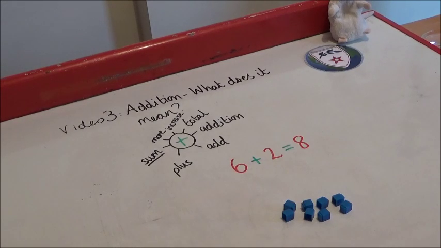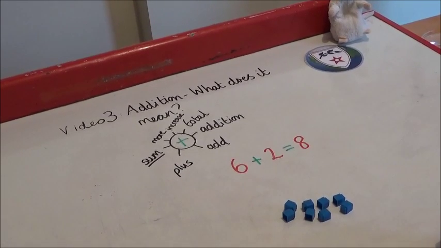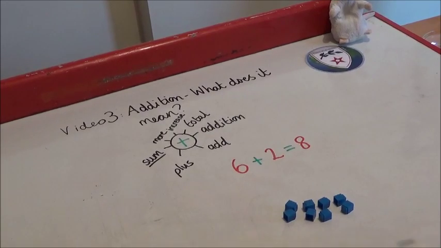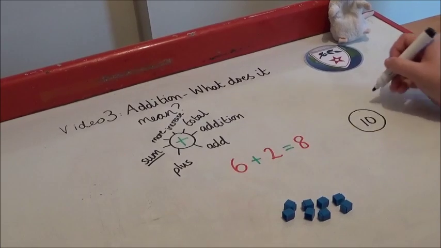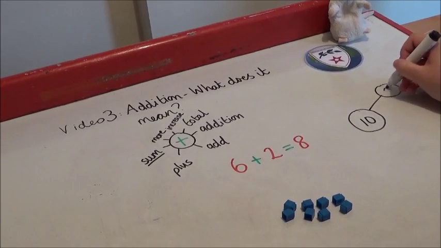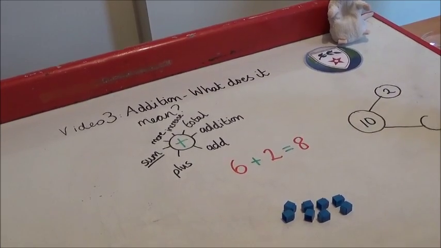What is important that we need to know when we're doing addition? It's going to make you more fluent and more effective when you're doing addition if you understand some addition facts. In the old curriculum, we used to talk about number facts to 10 and number facts to 20, and they're also important. Here we've got 10, and we can make 10 up of, say, 2 and 8.